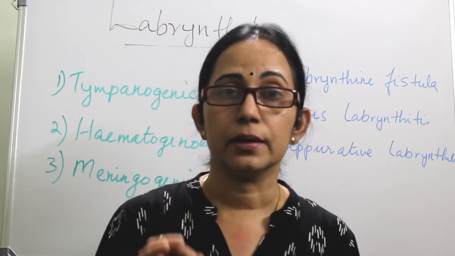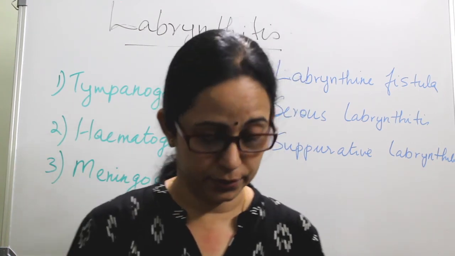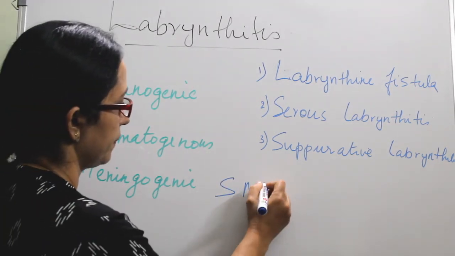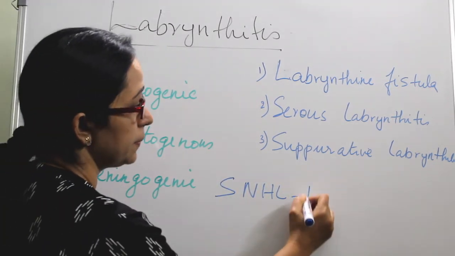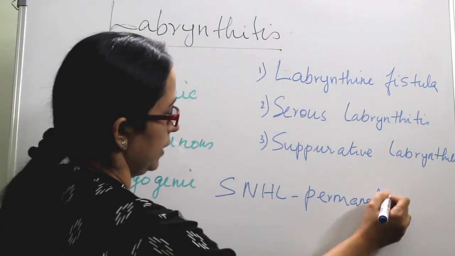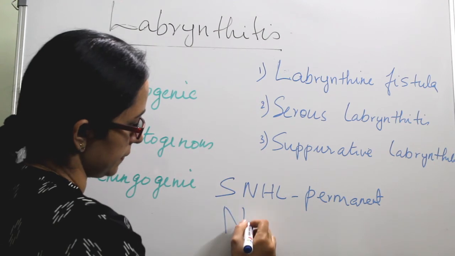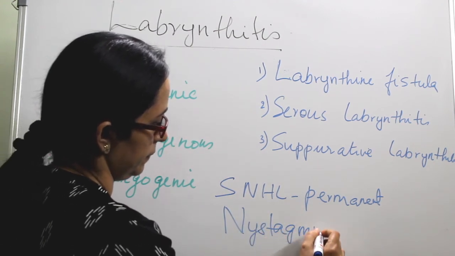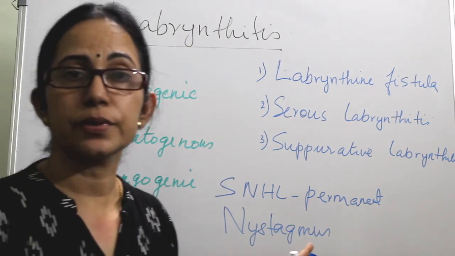So there will be complete loss of hearing, that is sensorineural hearing loss, which is permanent. Okay. And also there will be nystagmus. What is the direction of this nystagmus?